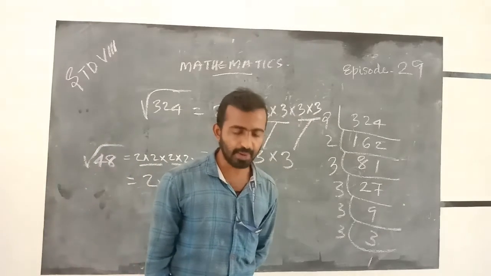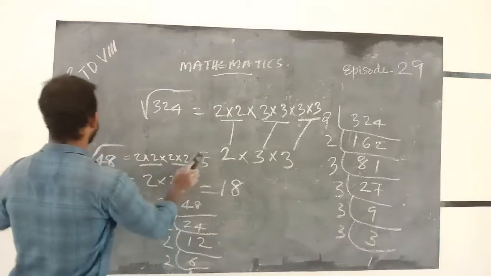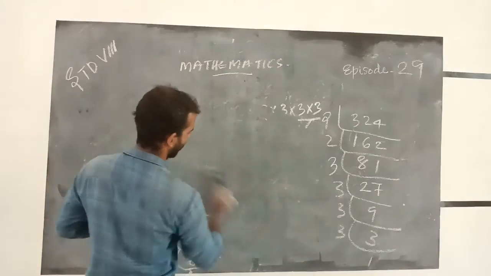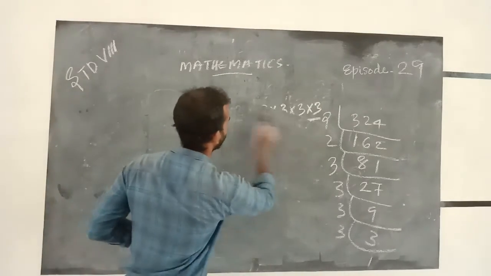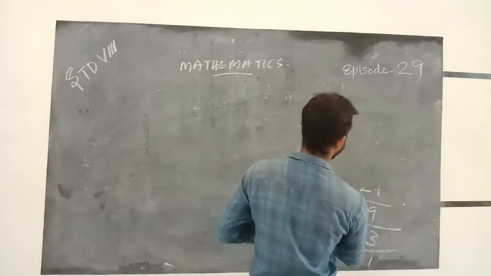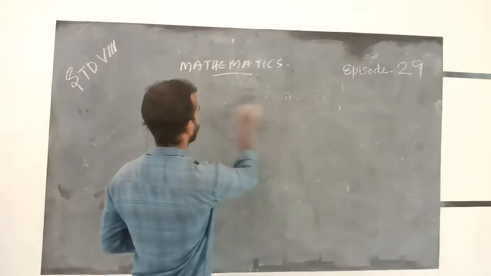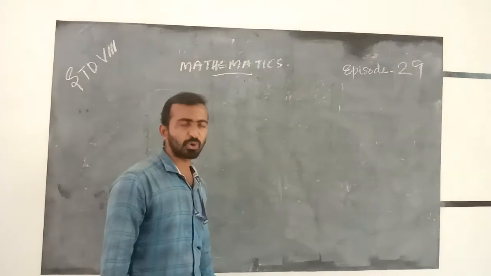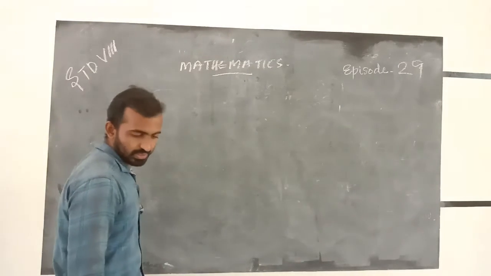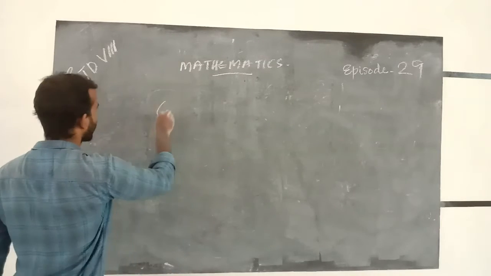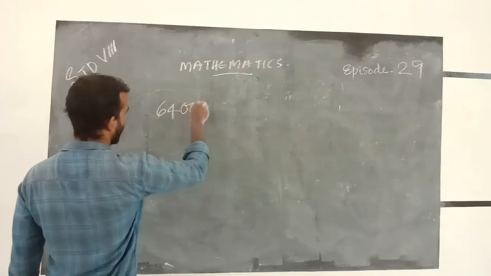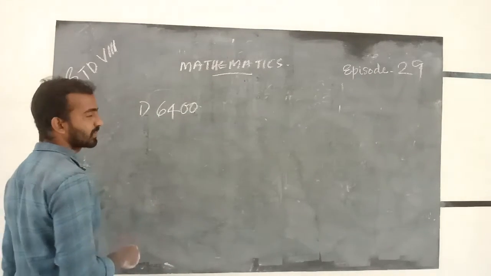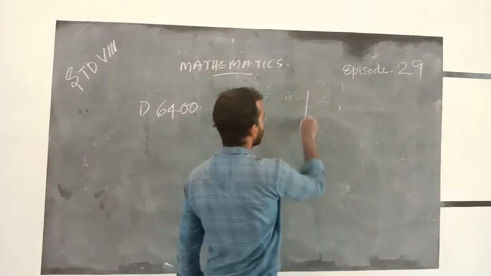Our next example is to find the square root of 6,400. Sorry, 64,000 is not it. 6,400.